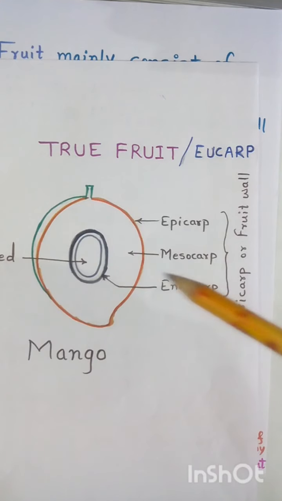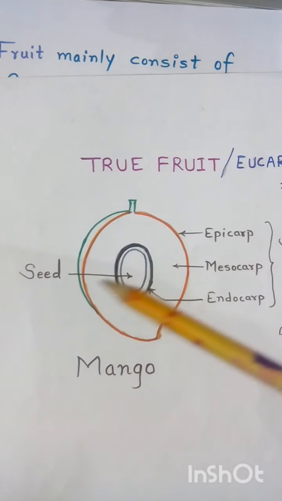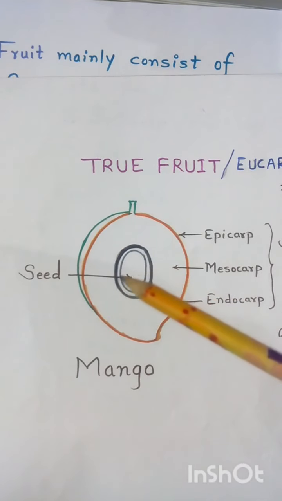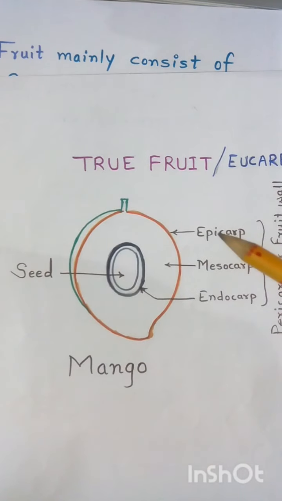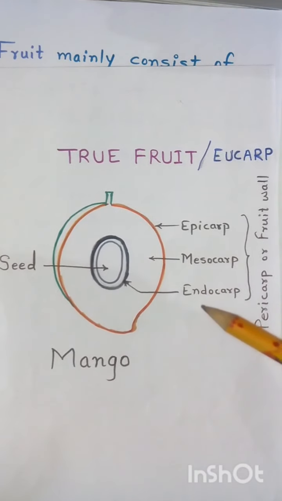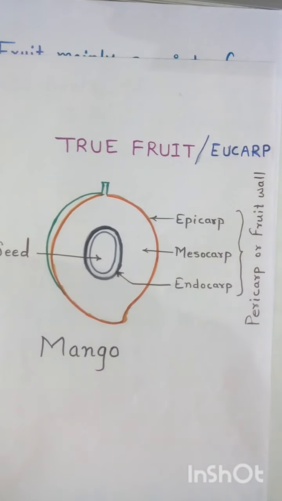And this is the endocarp, which is present close to the seed. So the innermost part of the fruit is called seed, and epicarp, mesocarp and endocarp form the pericarp or the fruit wall.